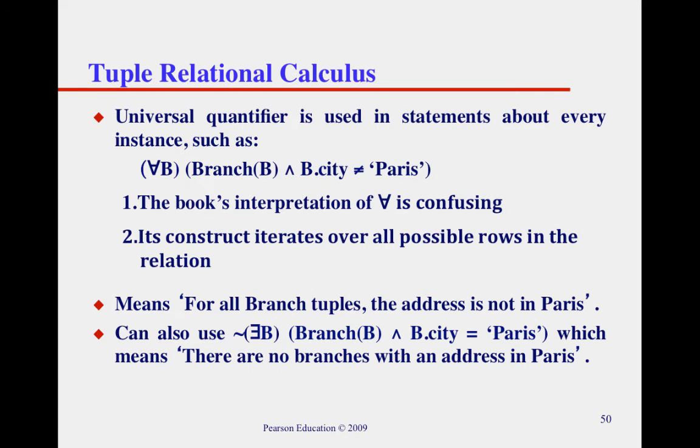Okay, here's one with the universal quantifier. So we are saying in this case, for all B, B is in branch and B dot city is not Paris. So this might be, for example, an integrity constraint where we want to ensure that we don't have any branch that is in Paris.